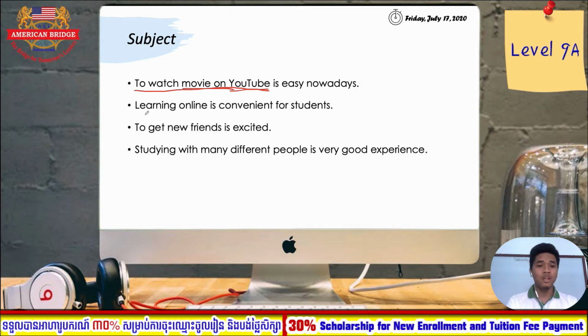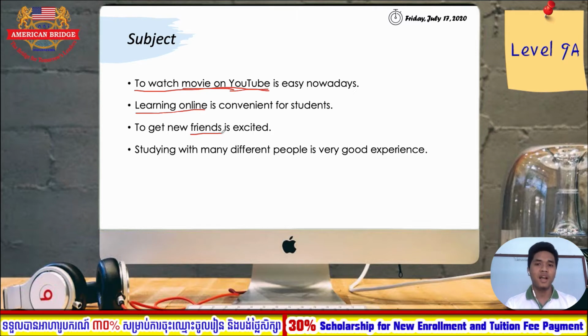The second one, learning online is convenient for students. So learning online is the subject of this sentence. To get new friends is exciting. You might ask, friends is a plural noun, we have s at the end.